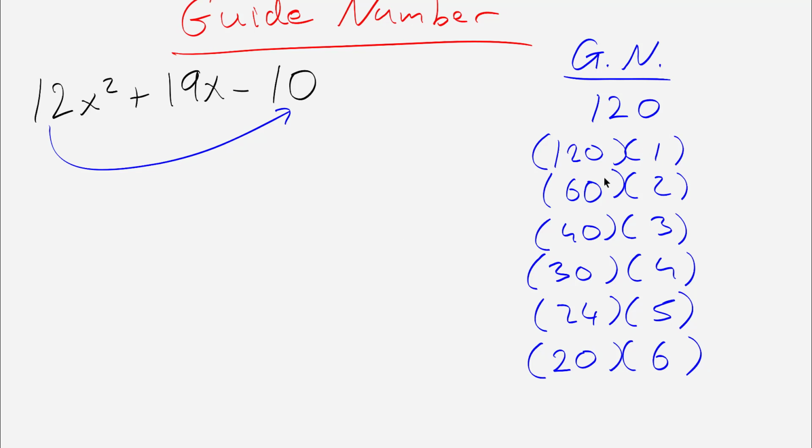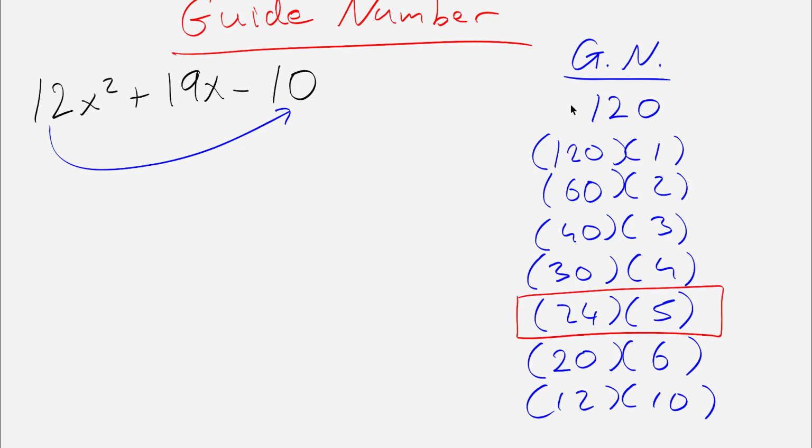So we need to pick one pair from this set, and the pair we're going to pick, by the way, I left out 12 by 10. The pair we are going to pick must be able to combine to get a 19. So which one of these pairs can we add or subtract to get 19? So we can see the result, or the one we're looking for, is this one, 24 by 5.